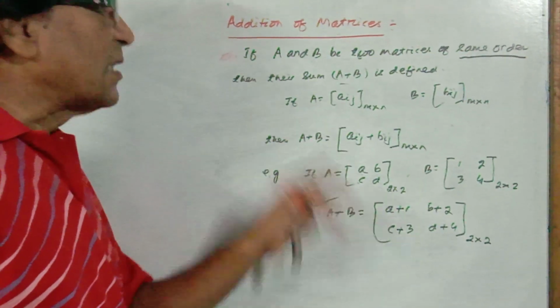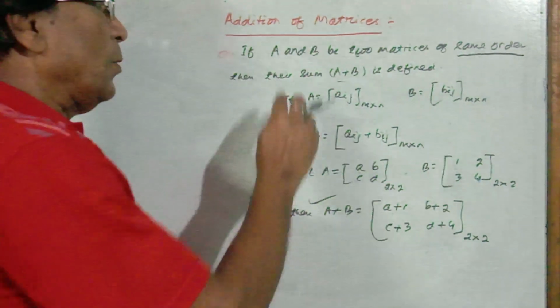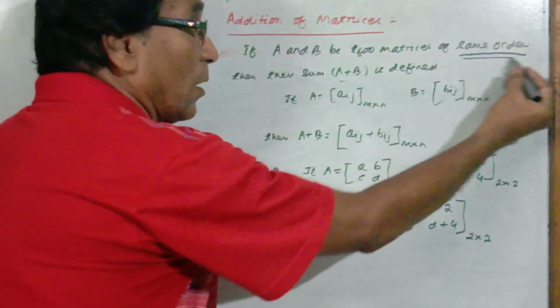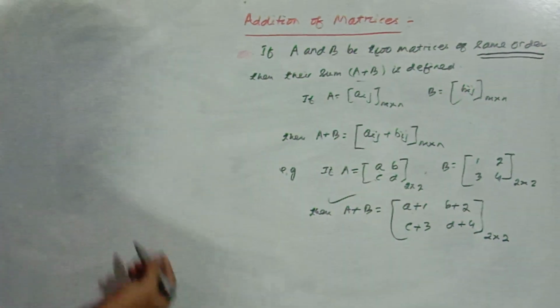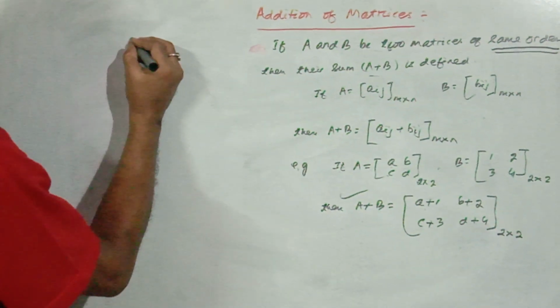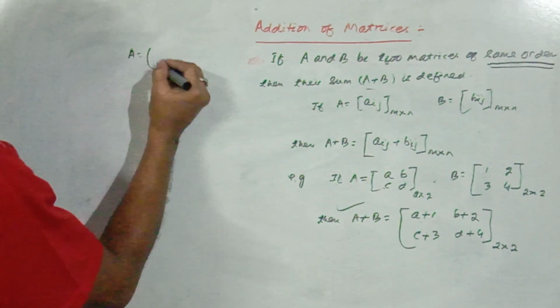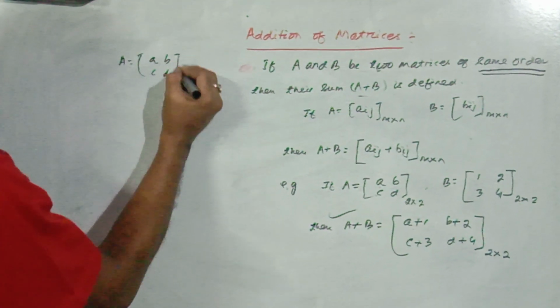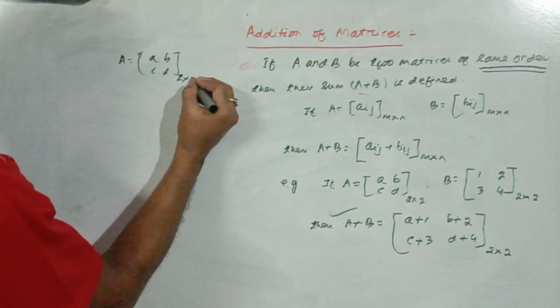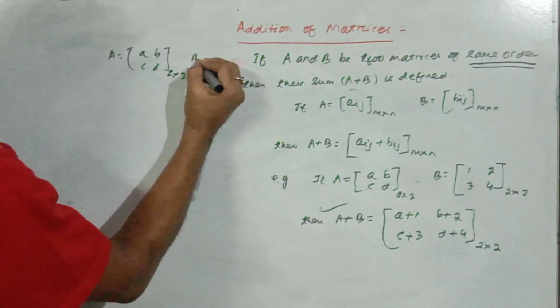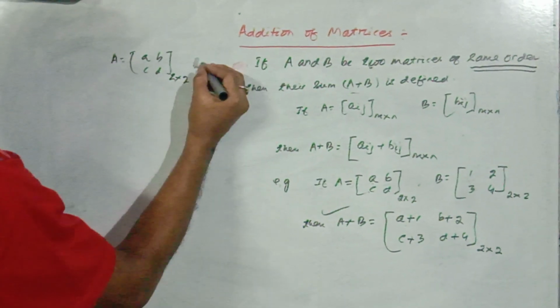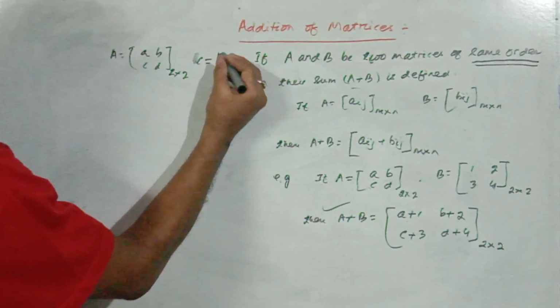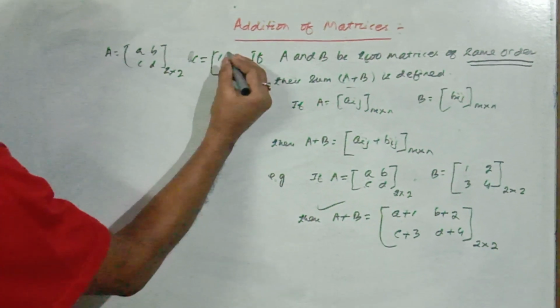That means addition is defined if those two matrices are of the same order. We cannot add a matrix of 2 cross 2 to a matrix of a different order. Suppose A, B, C, D is of 2 cross 2, and another matrix C is a column matrix 1, 2.